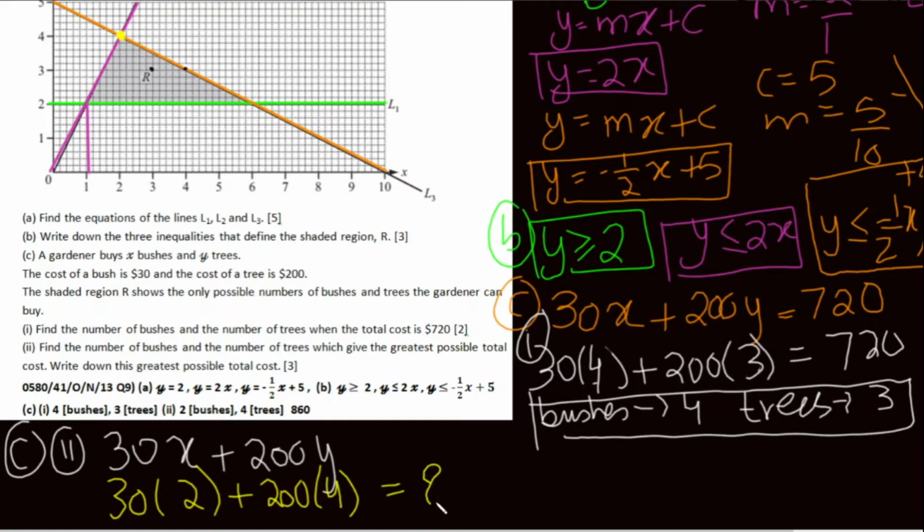So the highest total is 860. And how do we get to this total? When we buy 2 bushes and 4 trees.